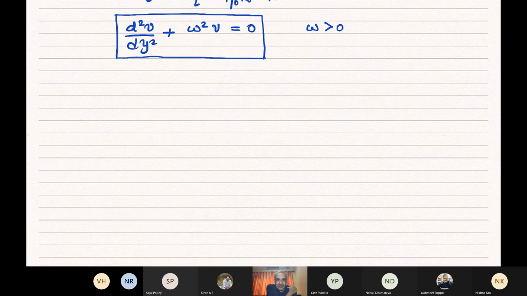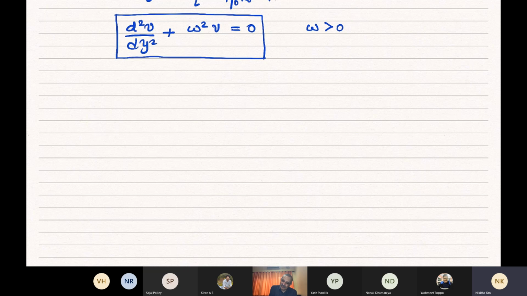So, waiting for someone to say something. You have to say either yes, I've seen this equation before, or no, I've never seen this. Yes, sir. We have seen this equation.